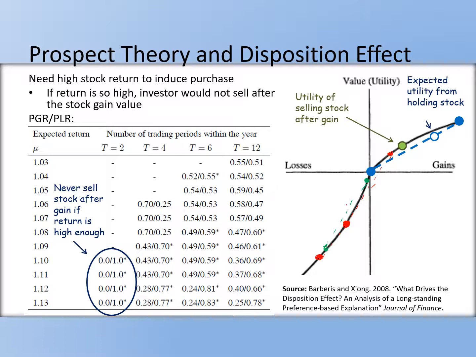But these are details that you only realize if you're really being careful with the model. Because if you just think about it, you might not realize that this is happening. After you lost, you might not want to gamble yourself all the way back to the gain region. You just want to keep yourself roughly in the convex region because you can see the green line is higher than the red line.